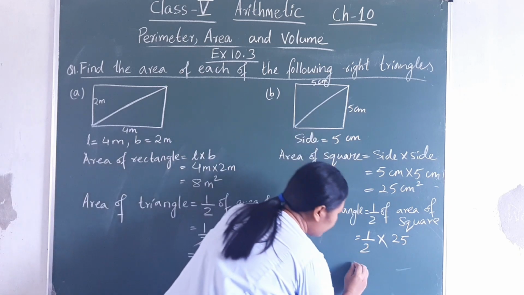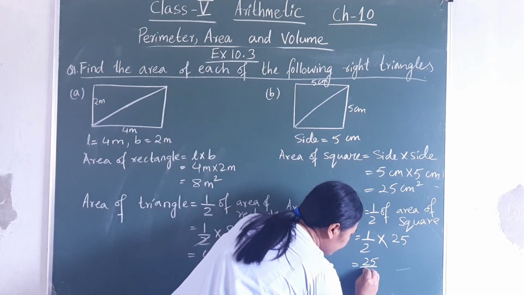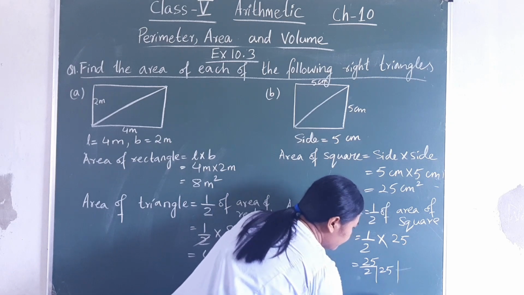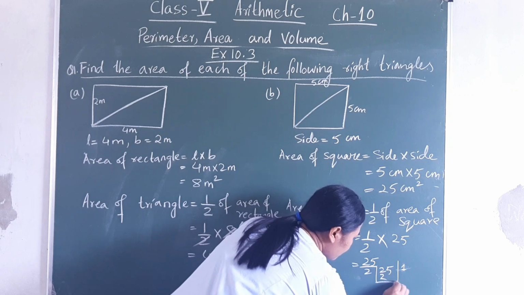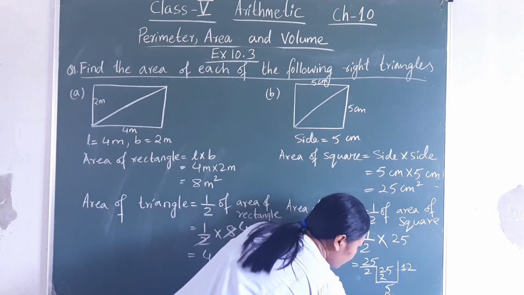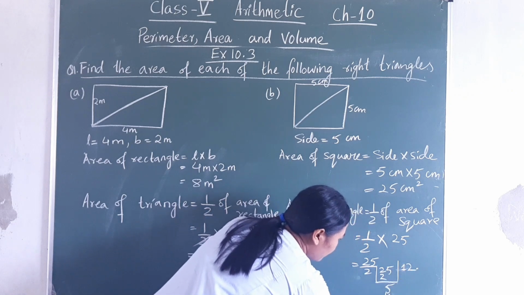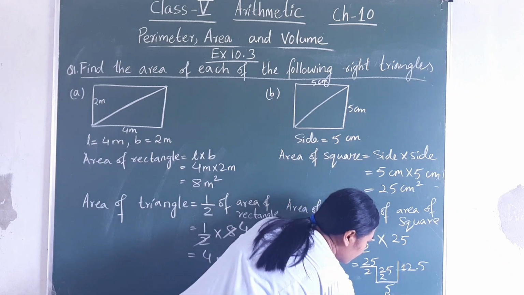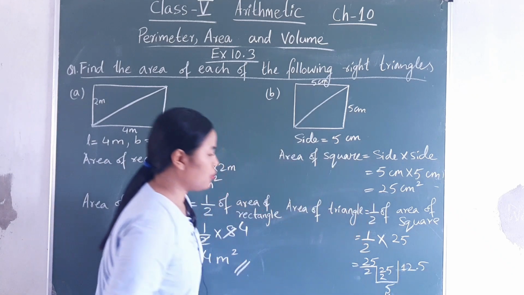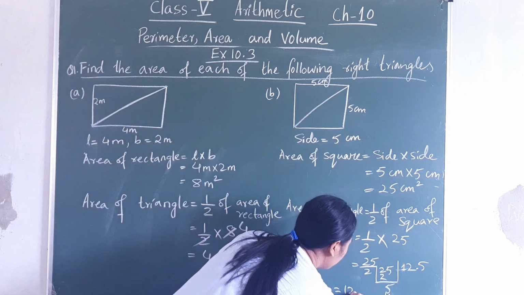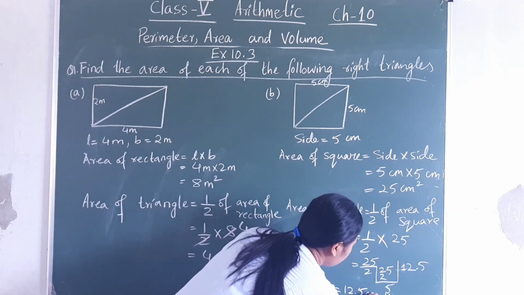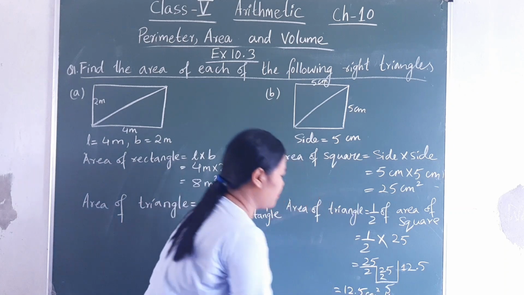We cannot cut it, so we will directly divide it. It goes with 1. Then 2 2s are 4. 1 point. So 12.5. So the area of the triangle is 12.5 centimeter square.